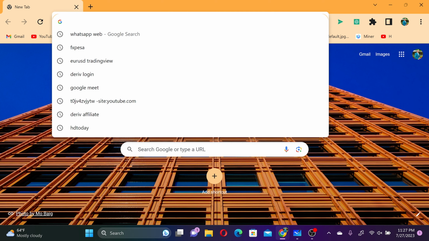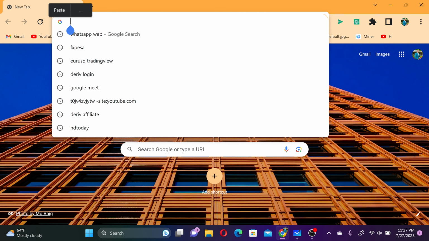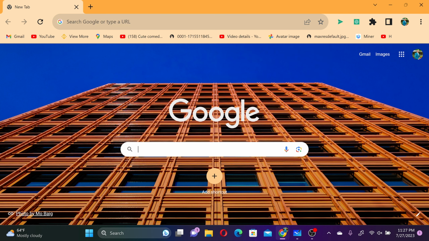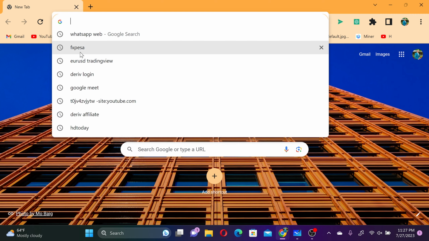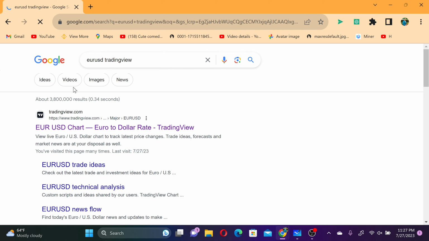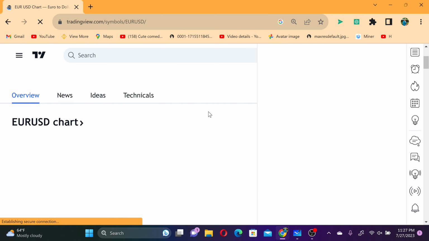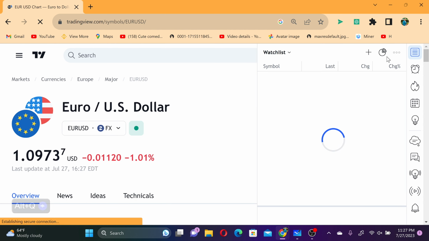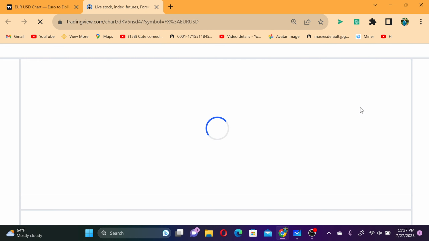Now I'll be going to our chart. I want to show you something. I want to go to the chart so that we can see a combination that can bring the market, maybe a good strategy for people who are entering.